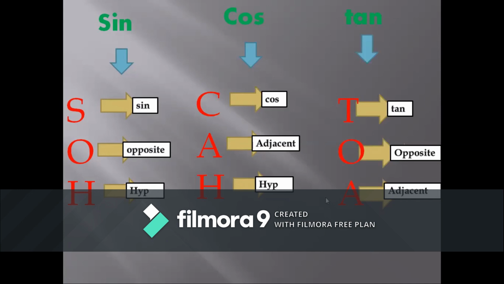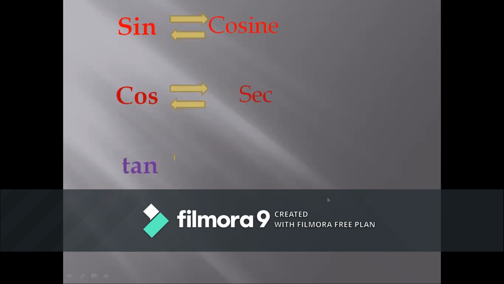Now the remaining three ratios are the reciprocals of sine, cos, and tan. The reciprocal of sine is known as cosec, the reciprocal of cos is known as sec, and the reciprocal of tan is known as cot.